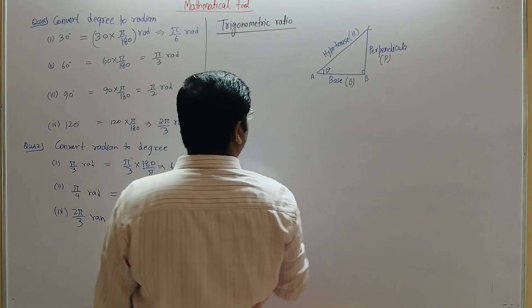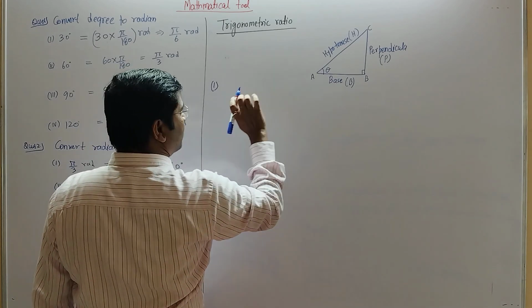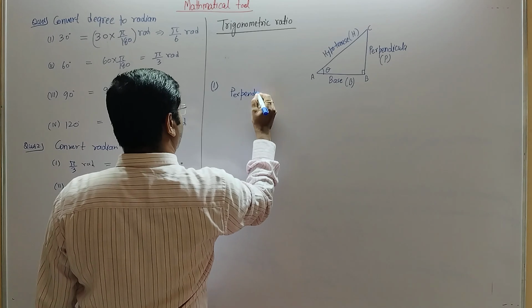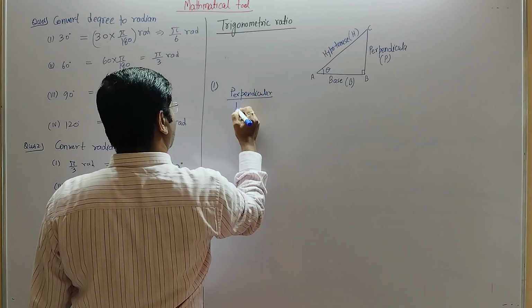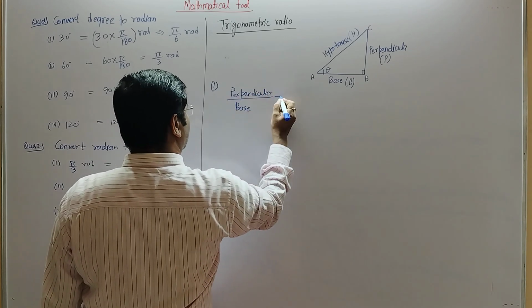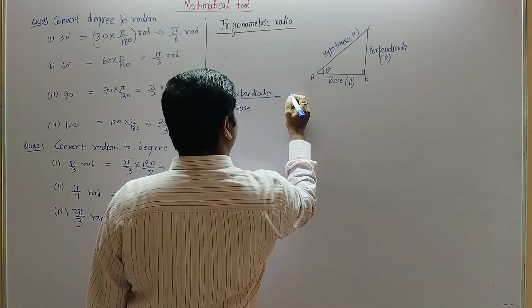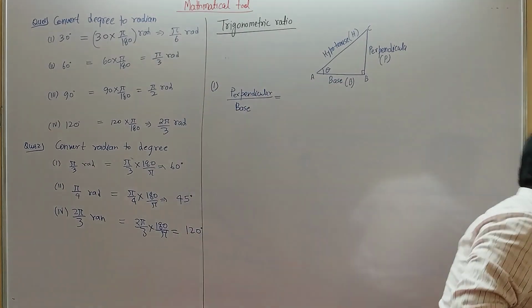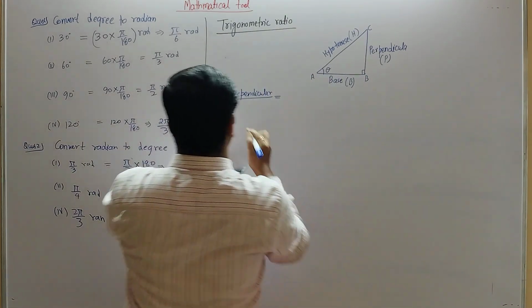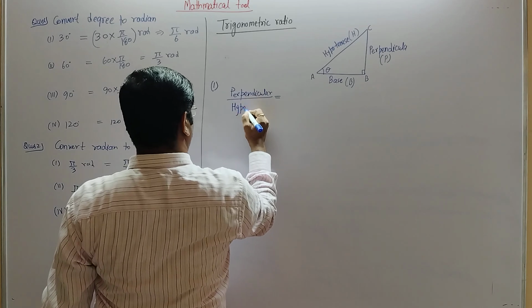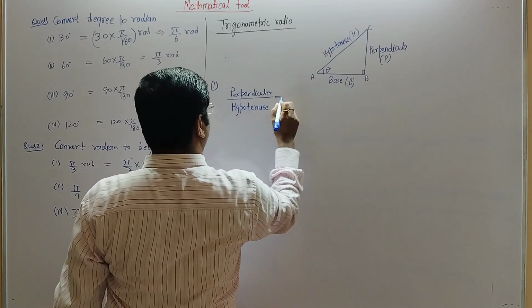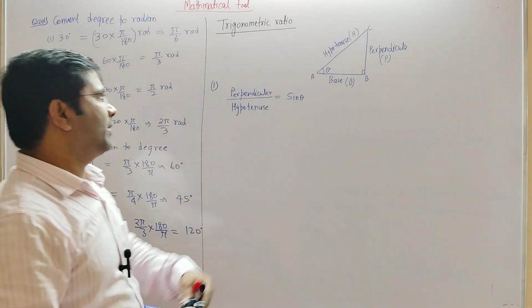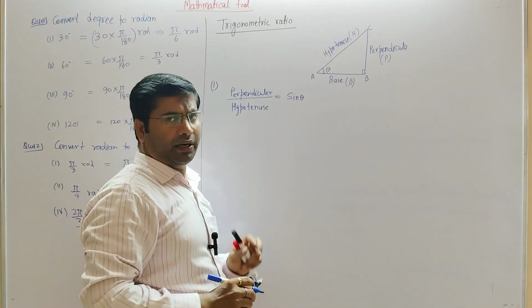Now if I am taking the ratio perpendicular upon hypotenuse, then I will call it sine theta. So always in a right angle triangle, perpendicular upon hypotenuse is written as sine theta.